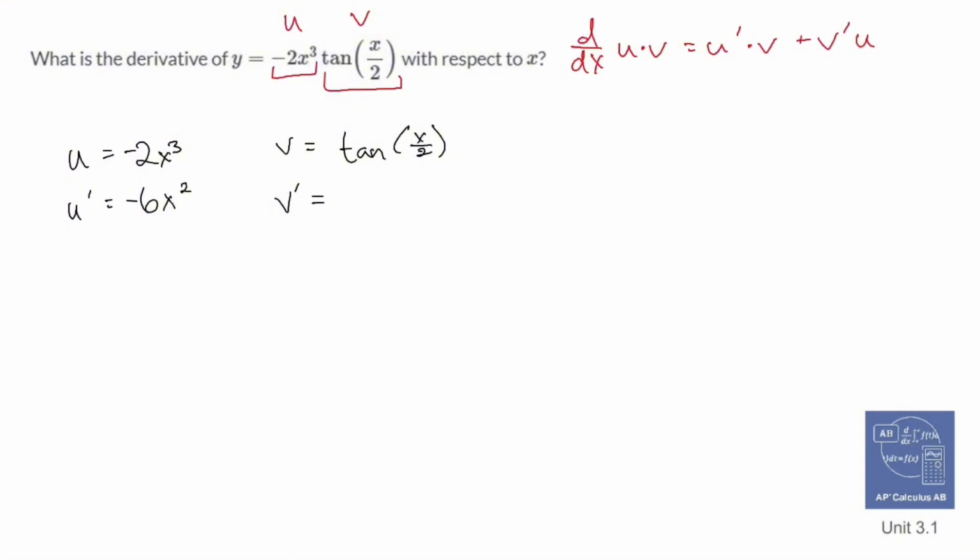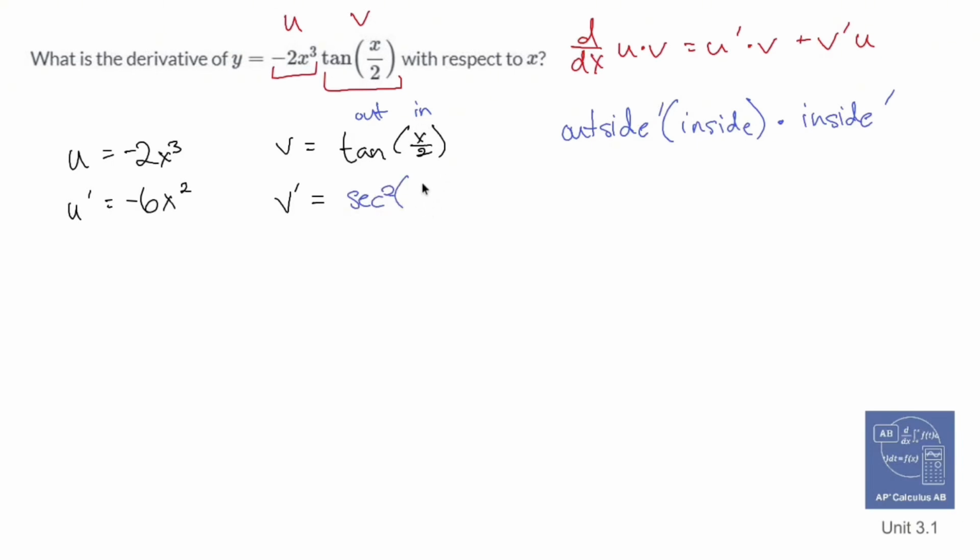Let me remind you what chain rule is. With chain rule, you're going to have some type of outside stuff, and then you're going to have some type of inside stuff. A function within a function. What you do is take the derivative of the outside stuff. You keep the inside stuff exactly the way it is, but then multiply everything by the derivative of the inside stuff. So me taking the derivative of the outside stuff is me taking the derivative of tangent, which is secant squared.